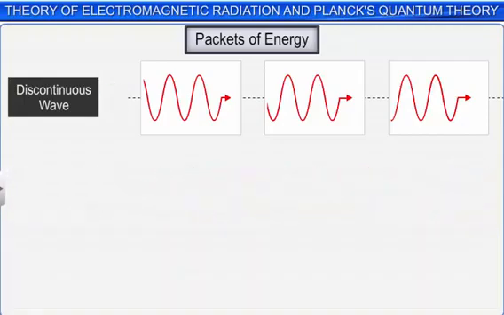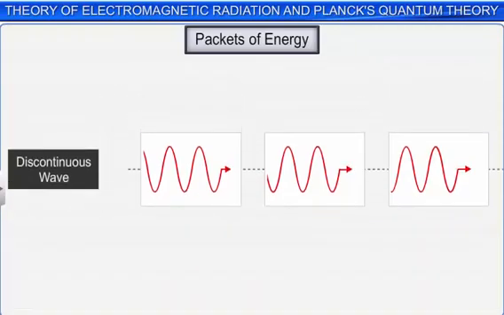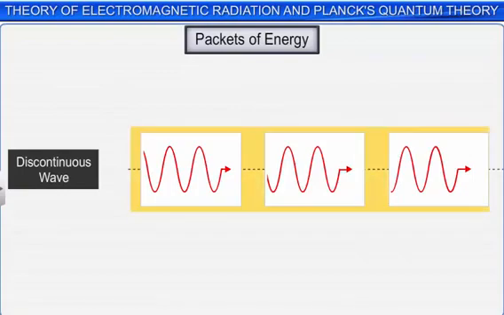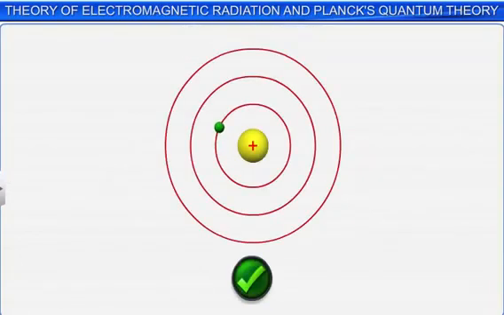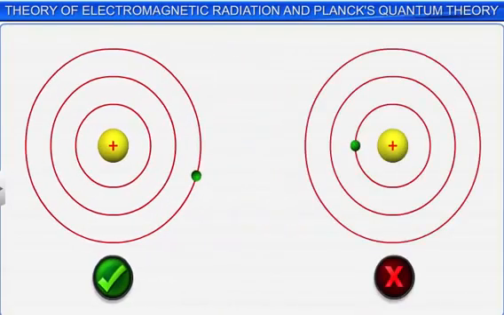Planck called these discrete packets quanta. A quantum is the smallest quantity of energy absorbed or emitted in the form of electromagnetic radiation. This means that the light radiations absorbed or emitted by atoms or molecules comprise a stream of quanta, but not continuous waves as shown.